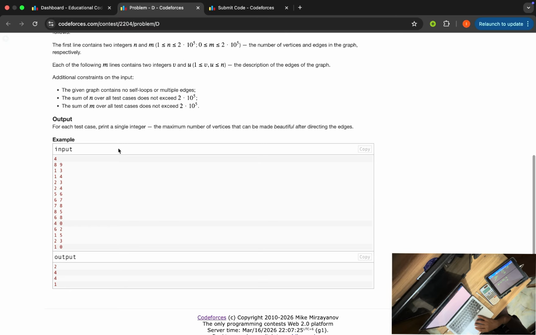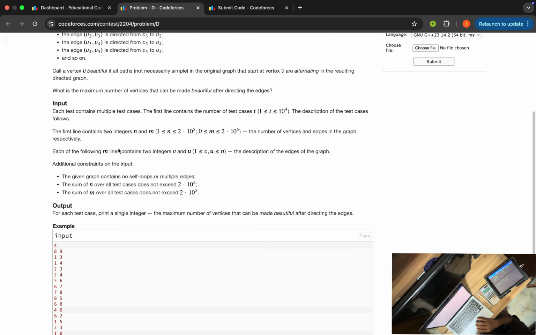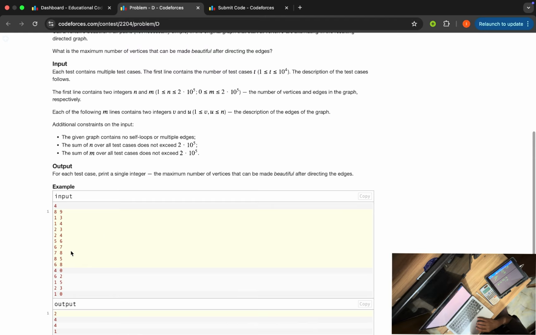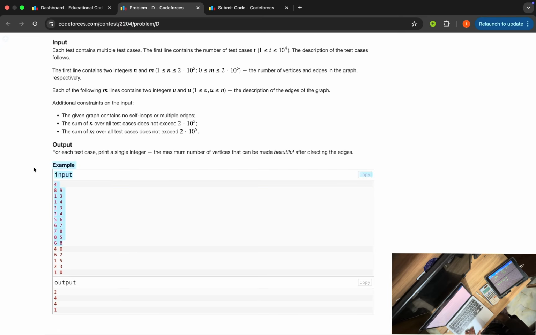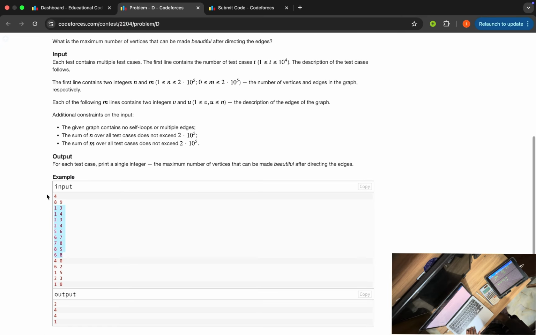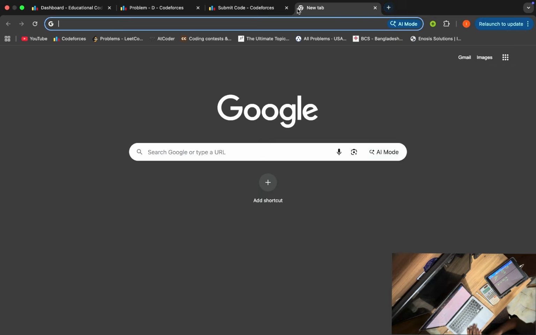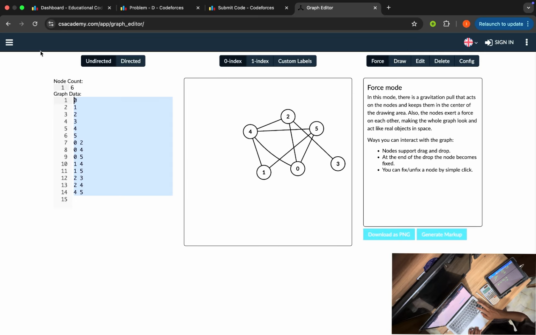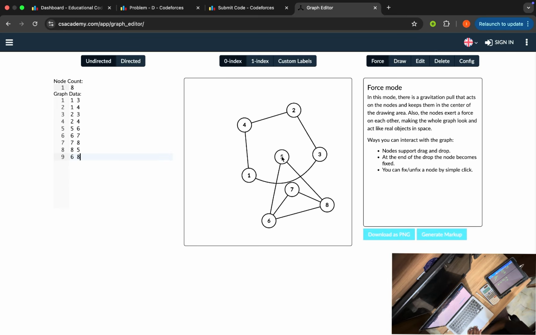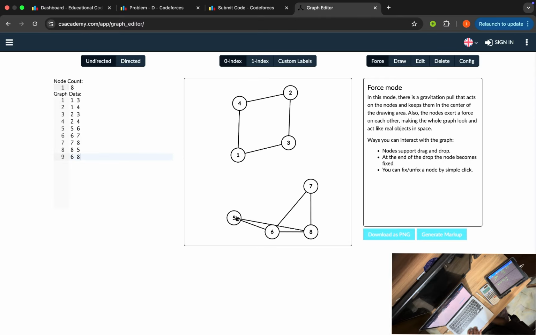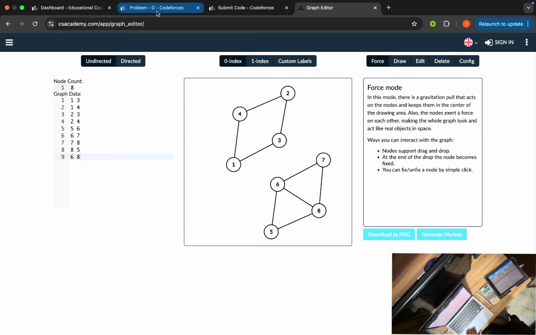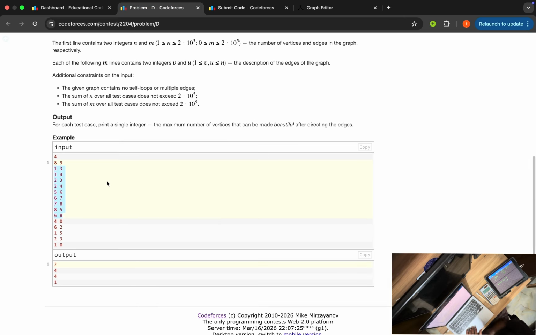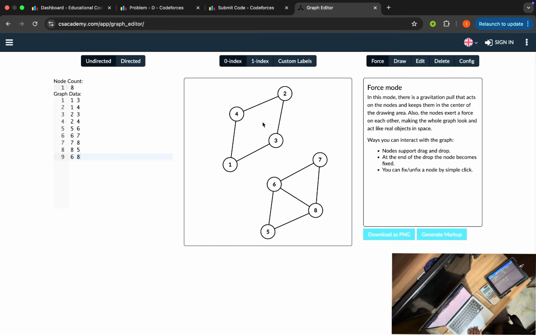Okay. I didn't get it, but let's see. What, disconnected graph? Its answer is 2.